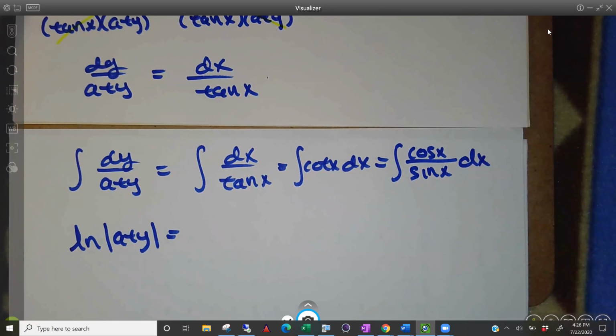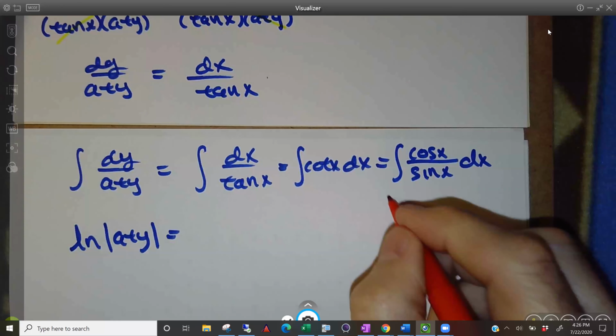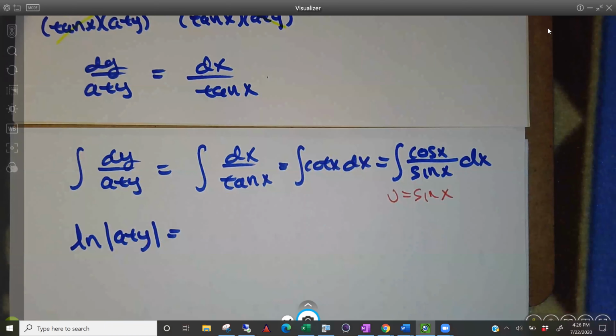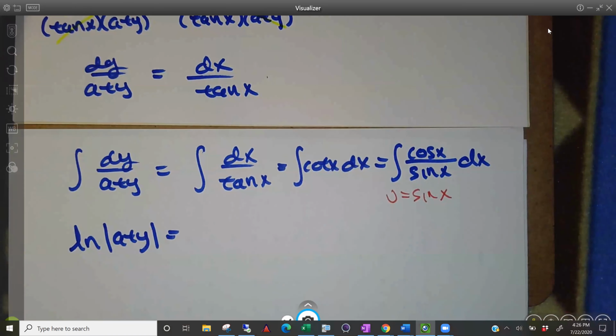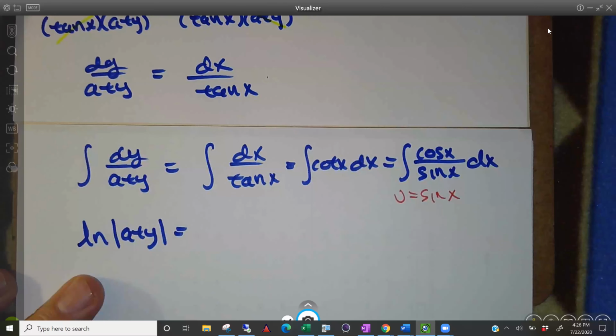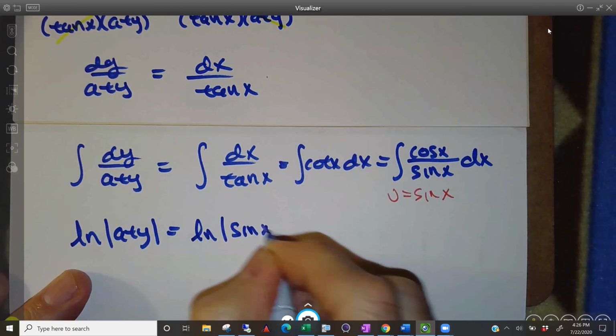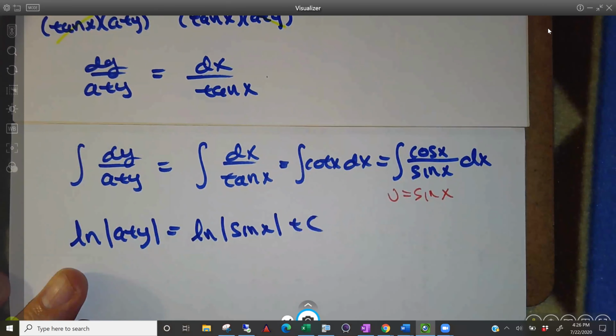So we're going to let u equal sine of x. This is going to integrate to the natural log of the sine of x, ln of the sine of x, plus a constant.